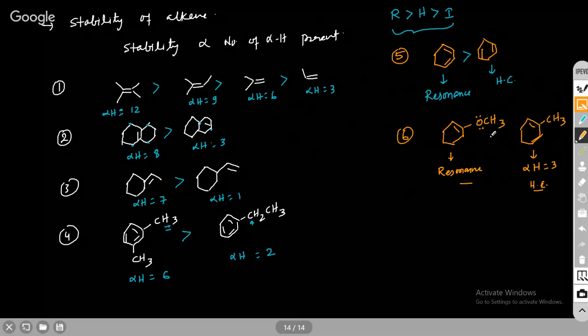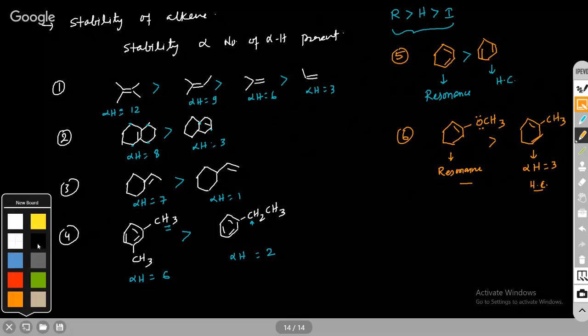Okay, so this one is more stable here because of resonance, right? So when you have this order, or if you can identify the resonance and hyperconjugation, you can find out the stability, and with that we can compare the heat of hydrogenation and combustion also.